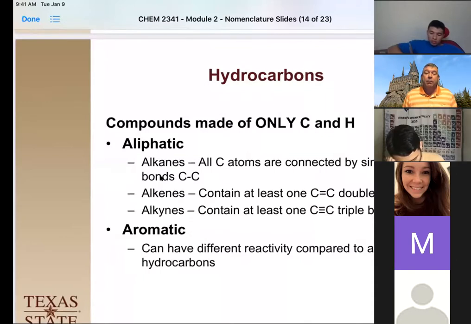An aromatic compound actually has a certain structure such that it has this really stable ring structure, okay? Most aromatics are rings, and they have this really stable structure, and it makes them react differently. So our two major classes are aliphatic, those that don't have aromatic rings, and those that are aromatic and do have aromatic rings.